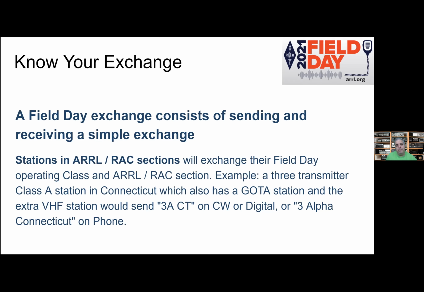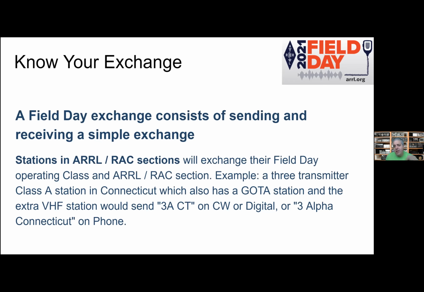So when you make a contact with someone for Field Day, you're going to send your exchange and get their exchange back. So for example, if I'm in my backyard running off battery power, I'm going to be 1 Echo. So I might say, WA7DY 1 Echo Whiskey Alpha, and then the other person is going to say, W1ABC 3A CT, or Charlie Tango, like you see here.